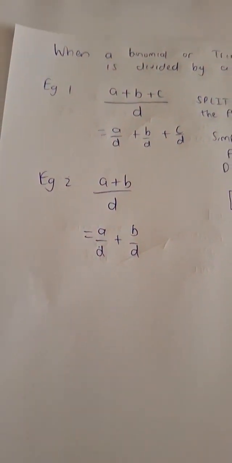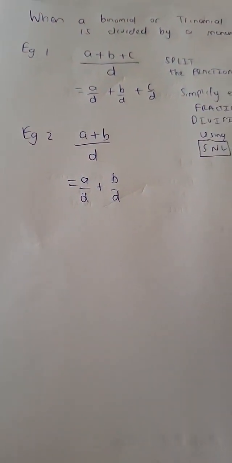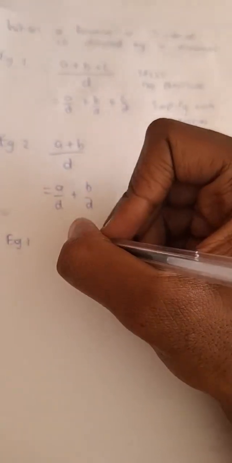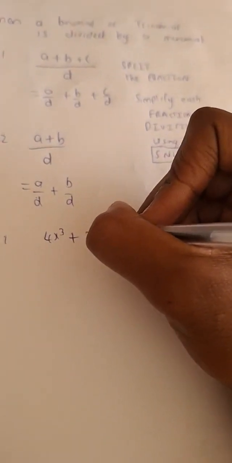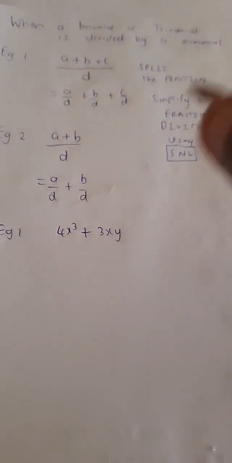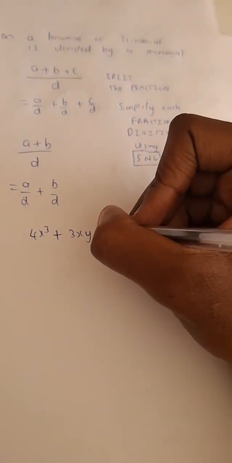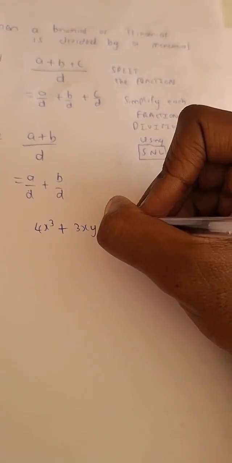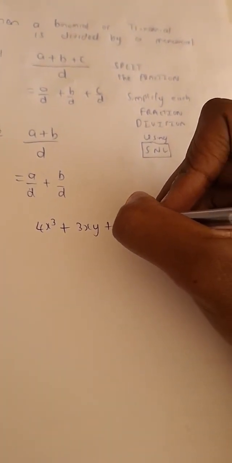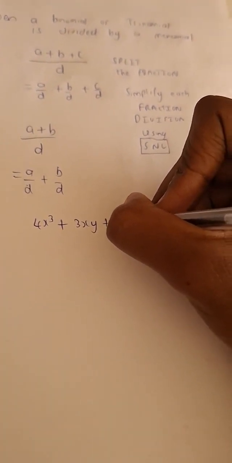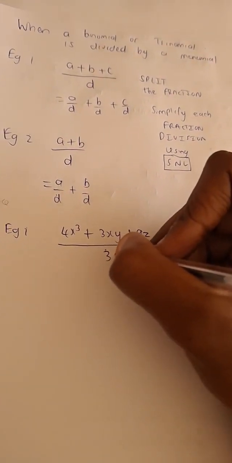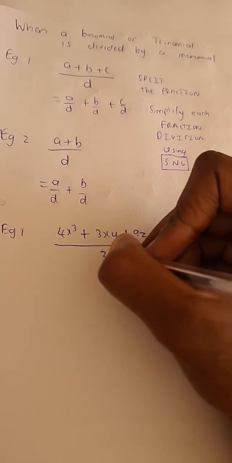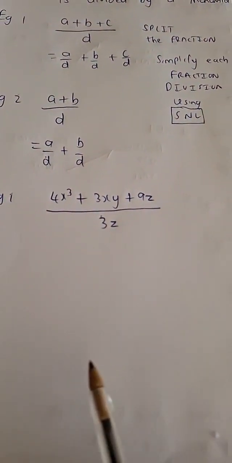I hope we are on the same page here. Let me do an actual practical example, in case some of you are not quite getting it. Let's say 4 plus x plus 3xy plus 9z, over 3z.